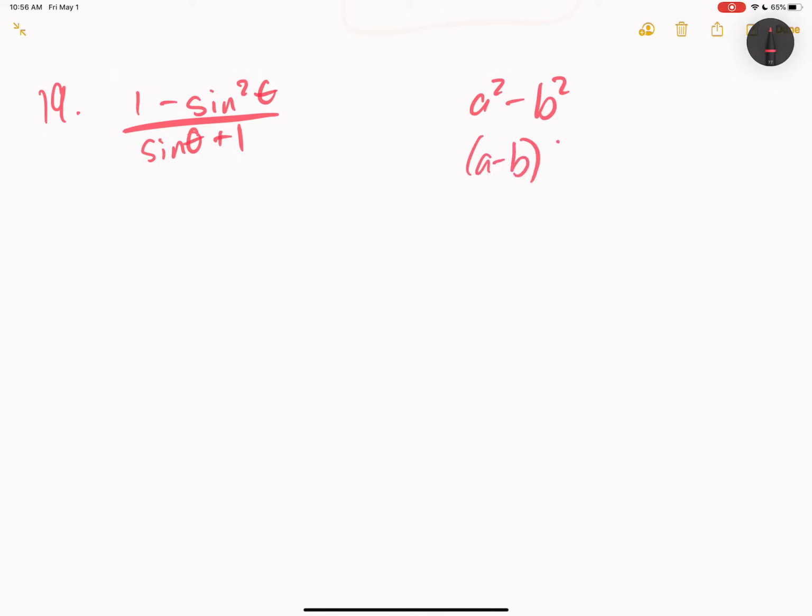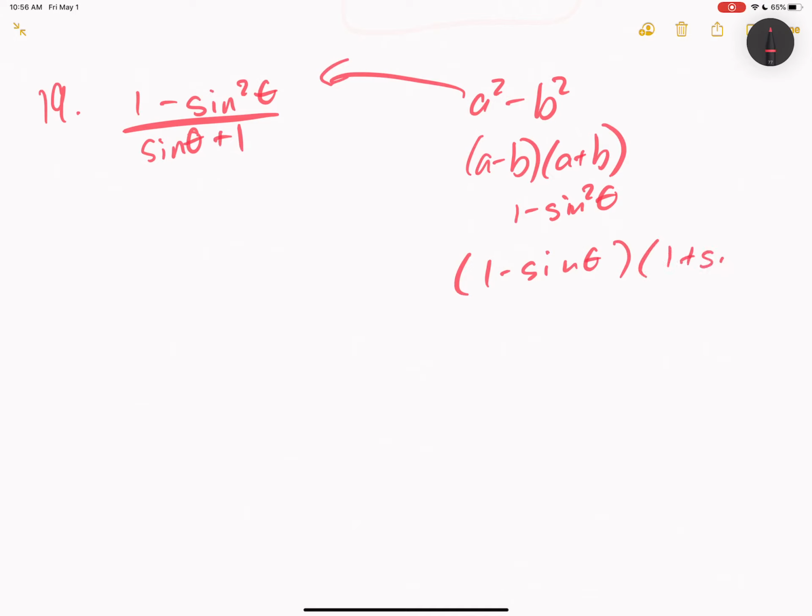Okay. All right, the last problem I want to do is 19. It's 1 minus sine squared theta over sine theta plus 1. Okay, this one's kind of cool, and it requires you guys to memorize your a squared minus b squared property, right? If you guys remember, this is a minus b times a plus b. We're going to apply the same thing to the top. You see how we have 1 minus sine squared theta? It's going to be 1 minus sine theta times 1 plus sine theta.